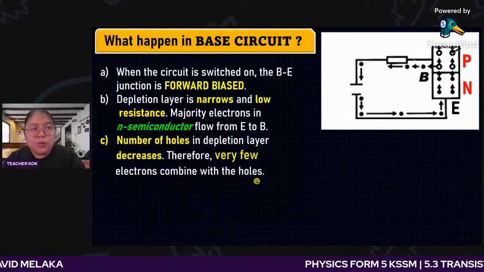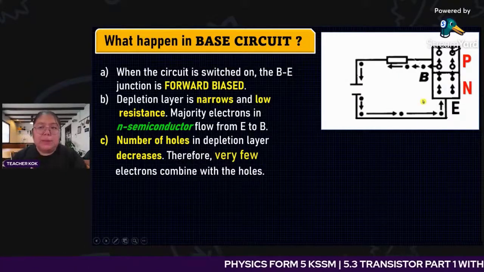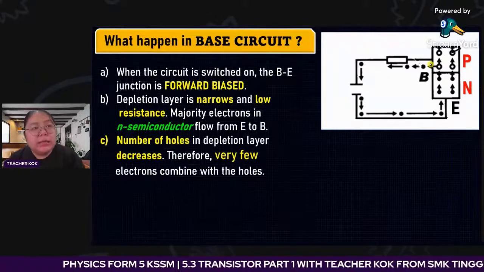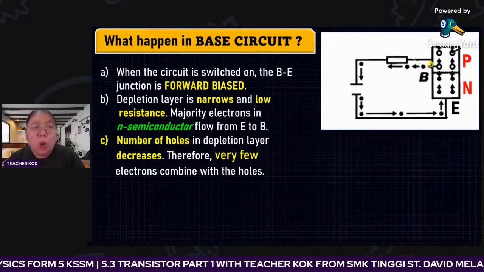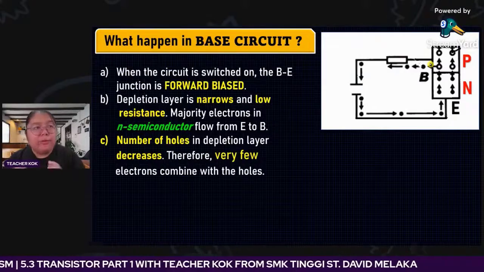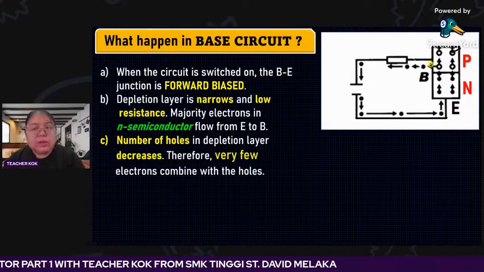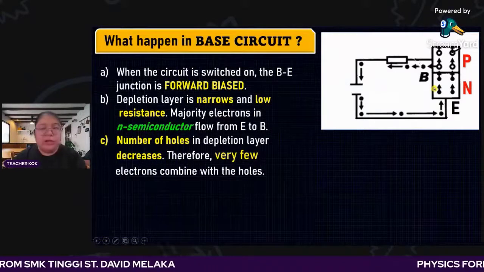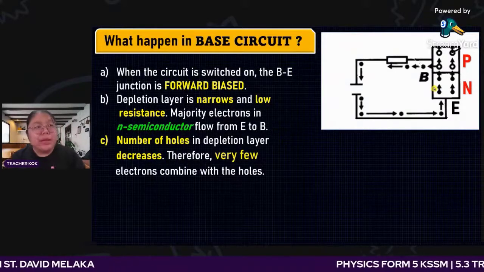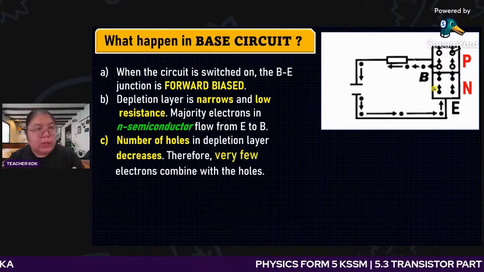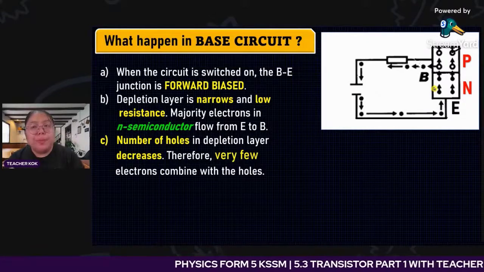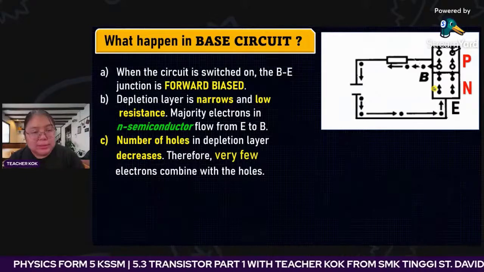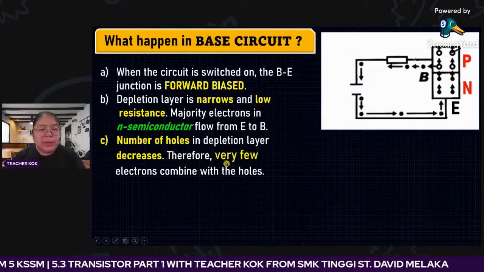Remember I told you the P-type is the thinner layer. A thinner layer means there are very, very few holes inside. So the electrons from the N-type need to jump across the PN junction to fill the holes, but now in your P-type the holes are very, very few. So what happens?